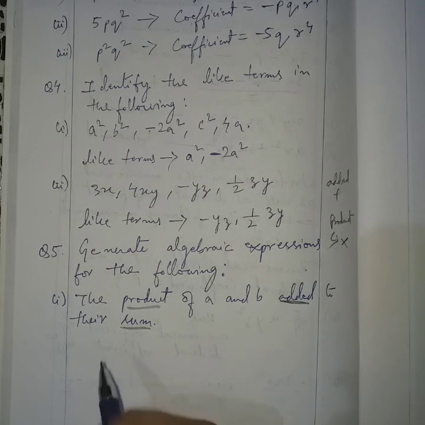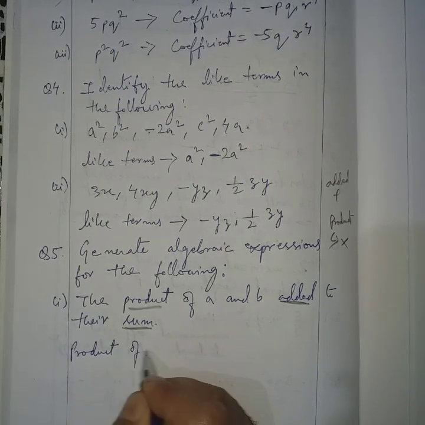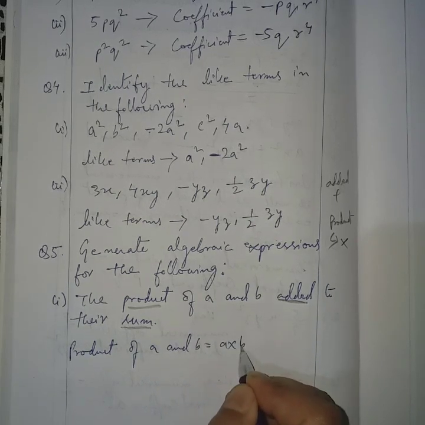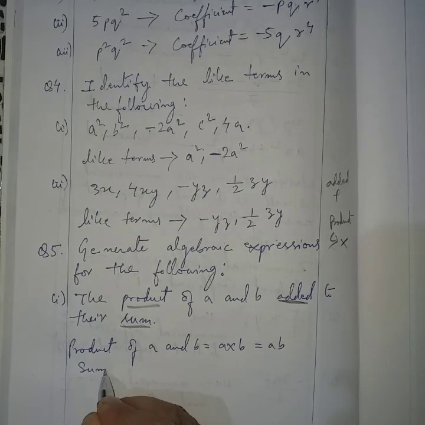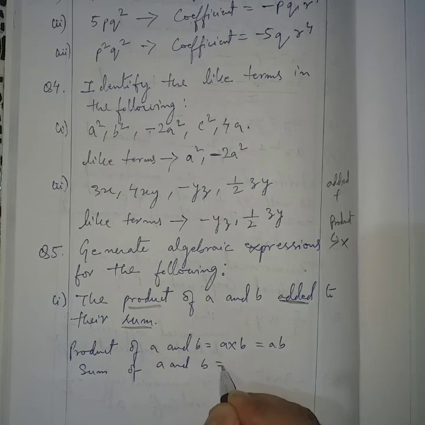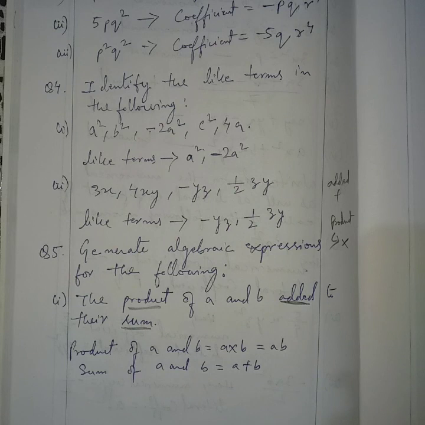So here product of A and B is equal to A into B, that is AB. Sum of A and B is equal to A plus B. Sum means adding.